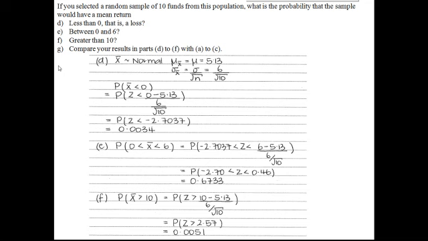Each of those values has to be converted to a z-score. 0 has already been converted to a z-score in part D. We know it's negative 2.70, but we still have to change 6 into an equivalent z-score. So it's 6 minus the mean divided by the standard deviation. Put that into your calculator and you end up with 0.46.